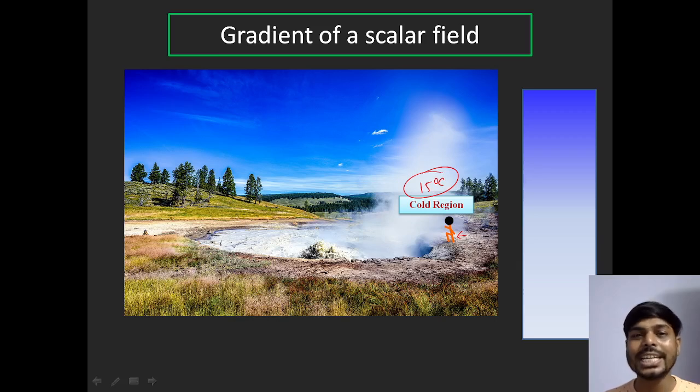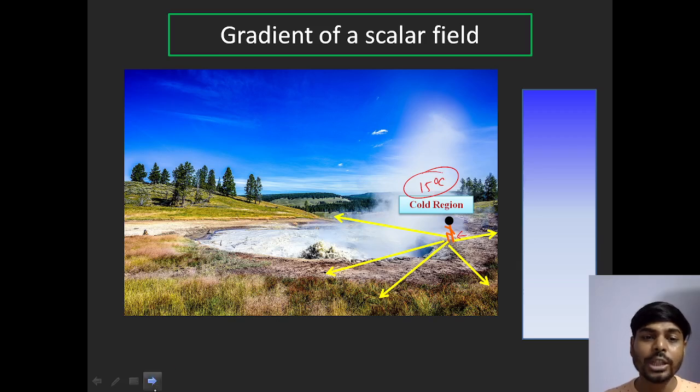So along which direction should you move, by which you can get an increase of temperature? There are several directions. You may choose this path, you may choose that one, you may choose this one. So there are infinitely many ways you can move.